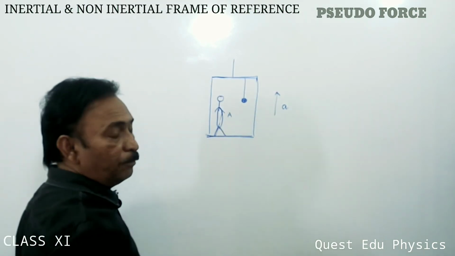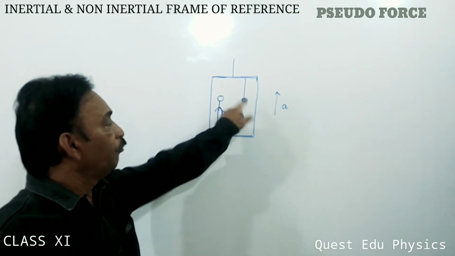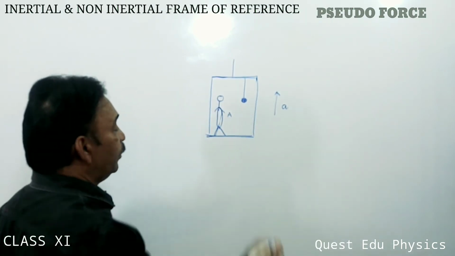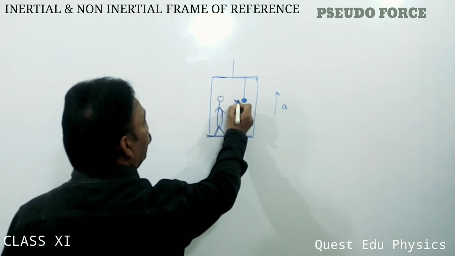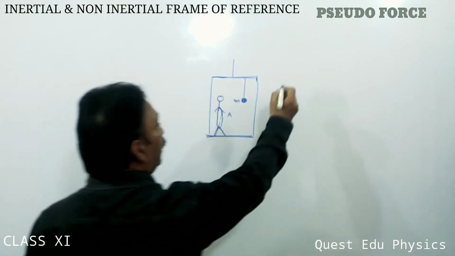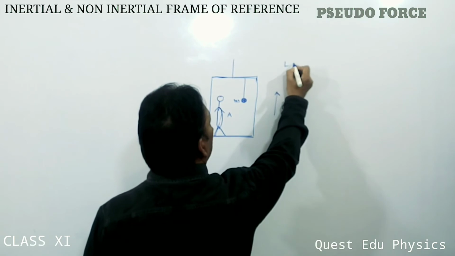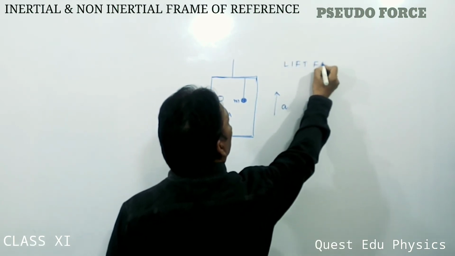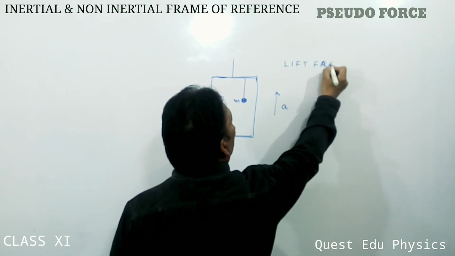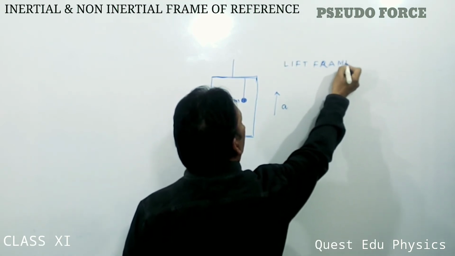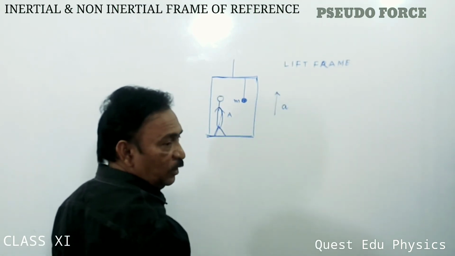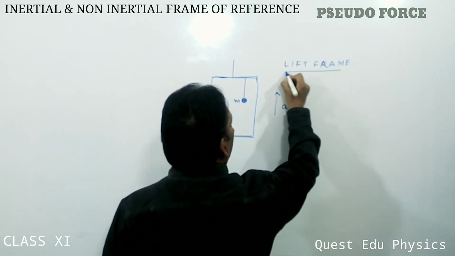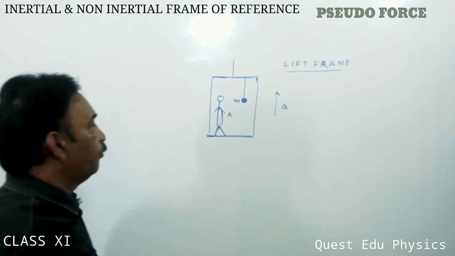He is observing this pendulum which has a mass of m. Okay. We are considering it as the lift frame. As you know that it is an accelerated one, and simply we call it the non-inertial frame.